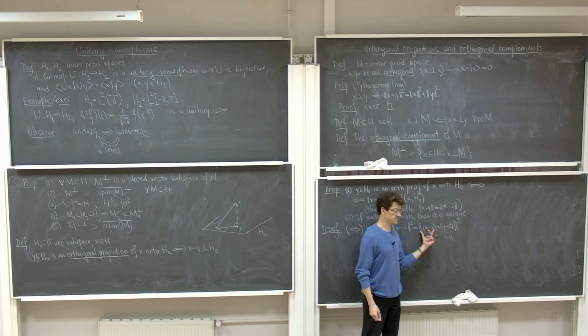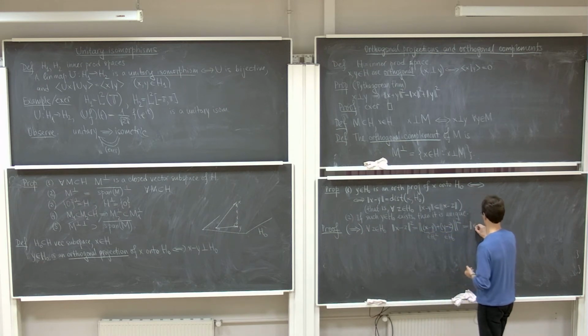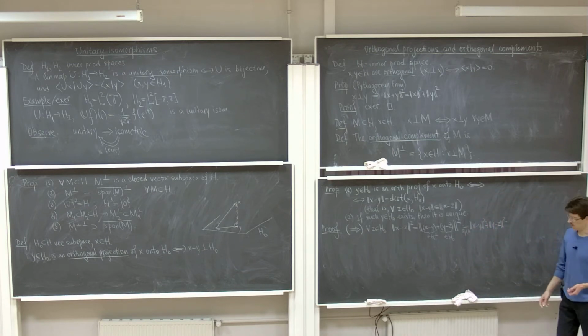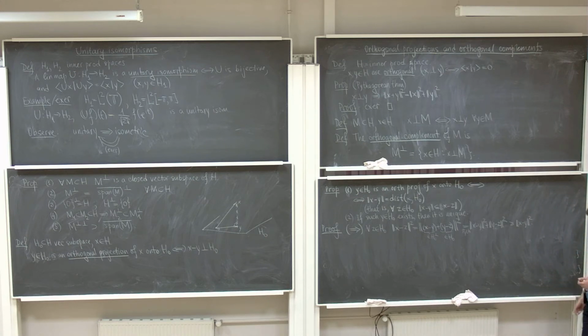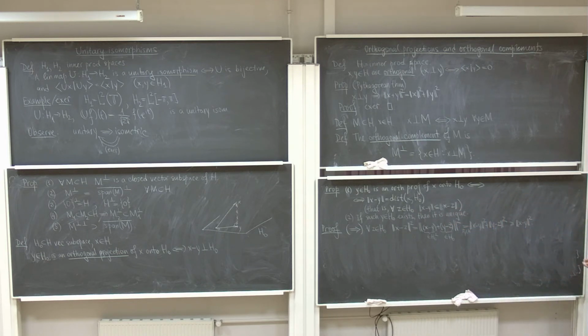So these two expressions in brackets are orthogonal to each other, and by the Pythagorean theorem, this is equal to the following. And since the second summand is non-negative, we have the following inequality. And this shows that y is indeed the nearest point to x in H0.